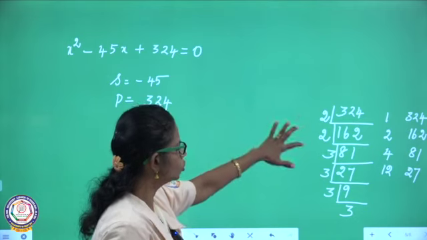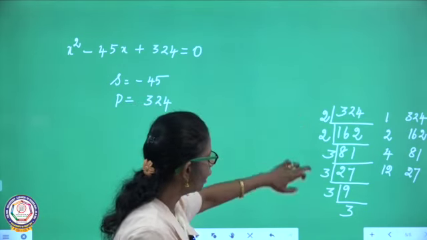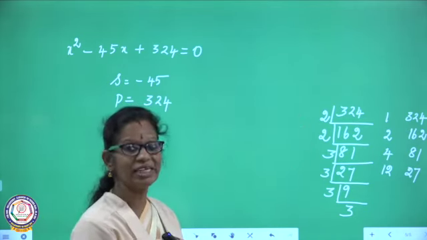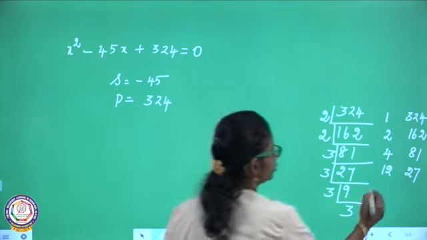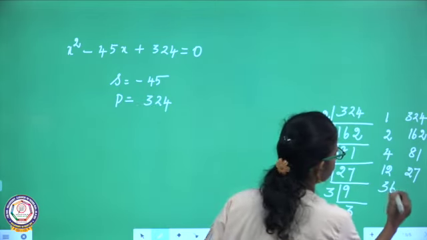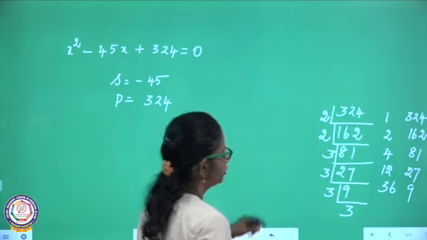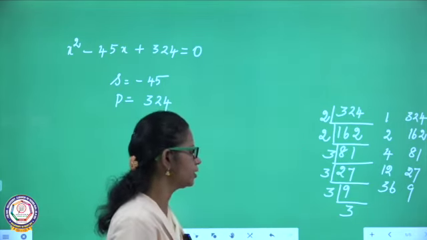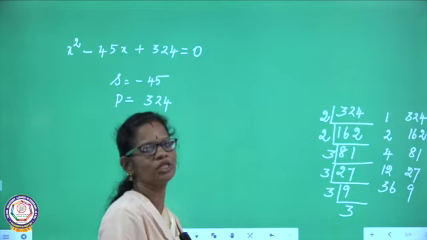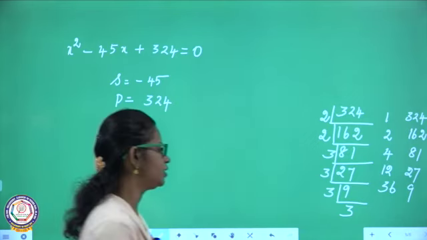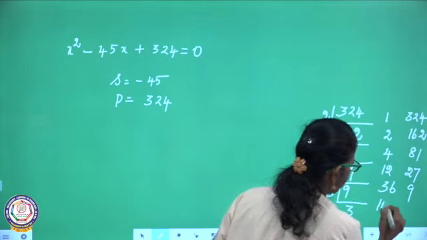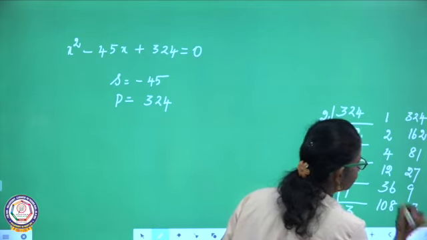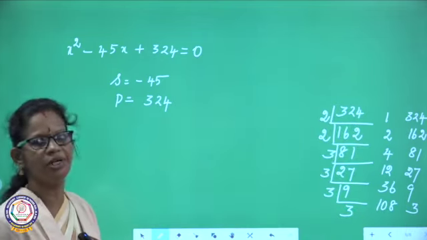Next, 2 2s are 4, 4 2s are 8... 36 into 9. Next, 36 into 3 is 108, 108 into 3. These are the possibilities.